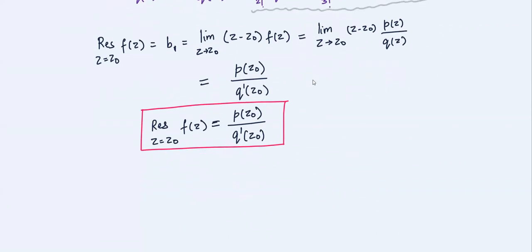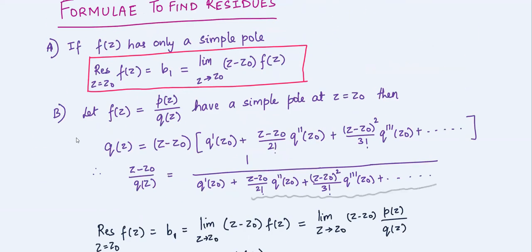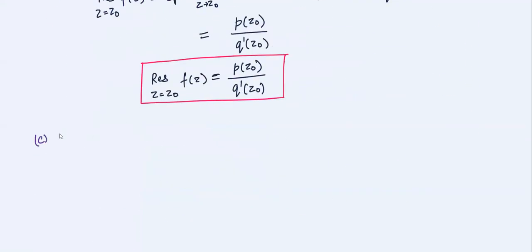Now suppose we have a pole of any order, how do we find the residue? Of course, the best is if we can do a Laurent series expansion, very easy to track, but suppose it is difficult.